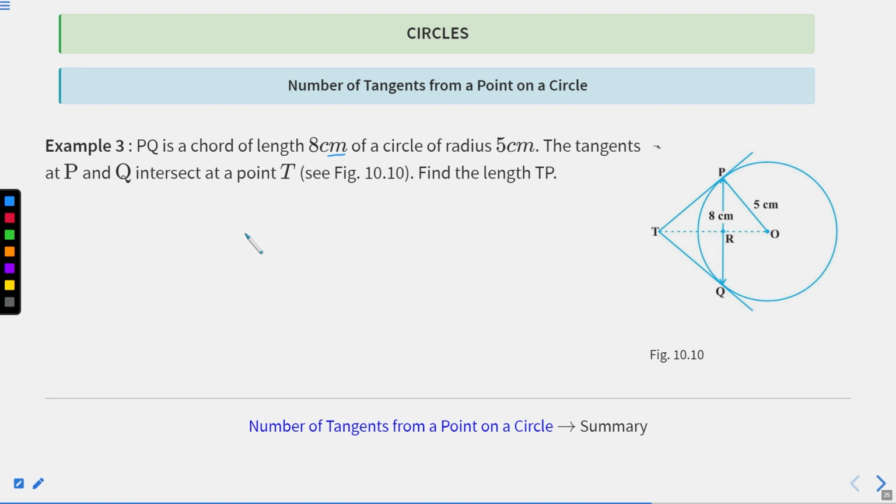PQ is a chord of length 8 cm of the circle with center O and radius 5 cm, and the tangents at P and Q meet at point T.